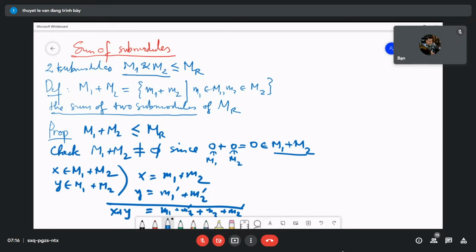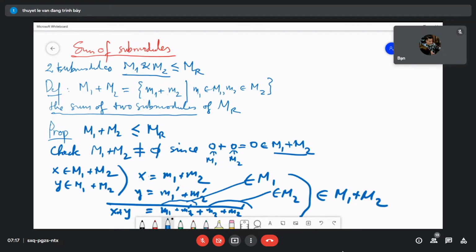Remember that M1 is in M1 and M1 prime is in M1, so M1 plus M1 prime belongs to M1, and this belongs to M2. So the sum belongs to M1 plus M2. So you take X in M1 plus M2 and Y in M1 plus M2, so X plus Y belongs to M1 plus M2.